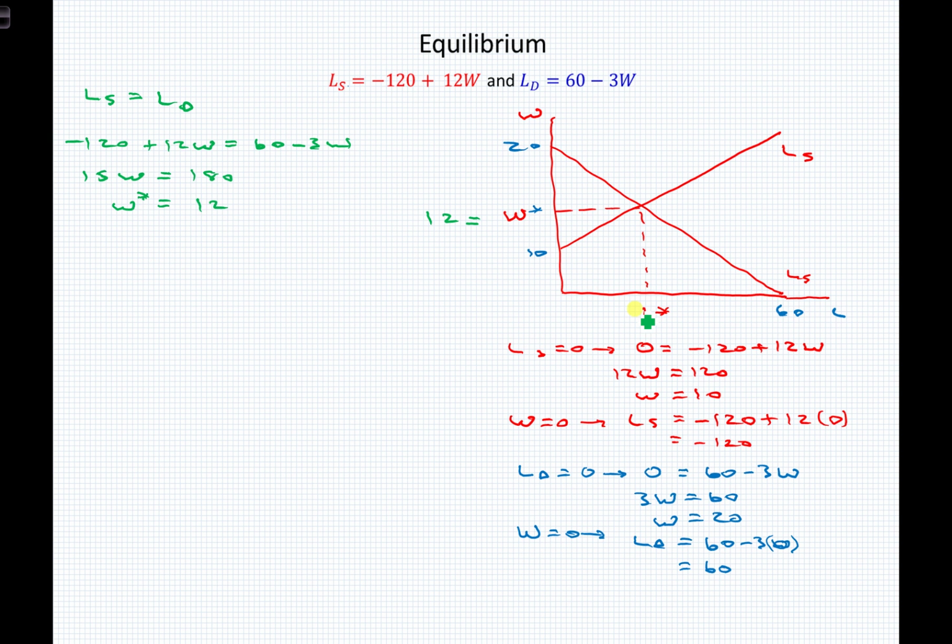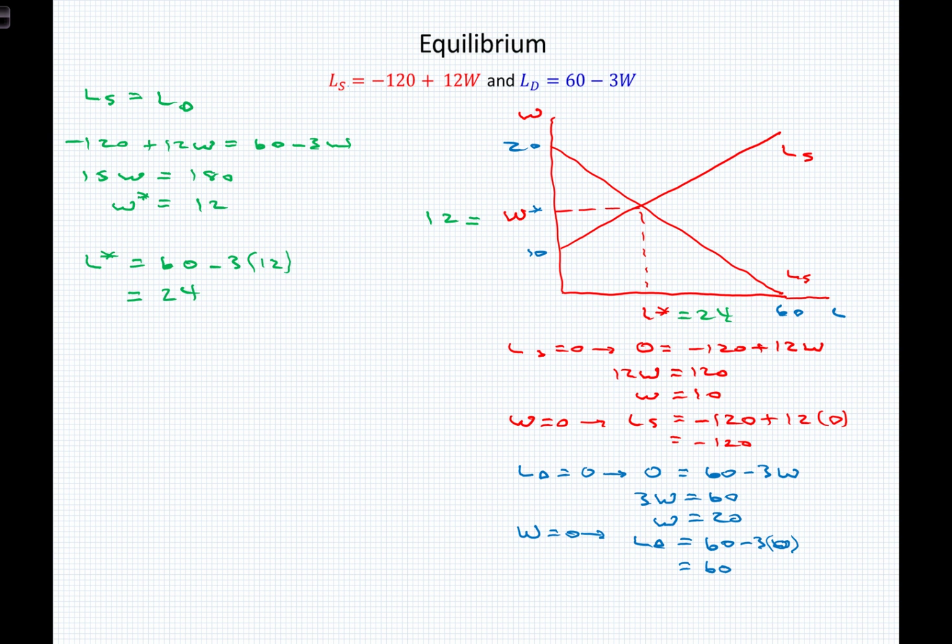But in this case, because labor demand and labor supply are the same value at W star, it doesn't matter which one we plug it into. It'll give us the same value. So I always default to the one that seems simplest to me, and I'll use labor demand. So L star is going to be equal to 60 minus 3 times 12. Well, 3 times 12 is 36, so L star is equal to 24.